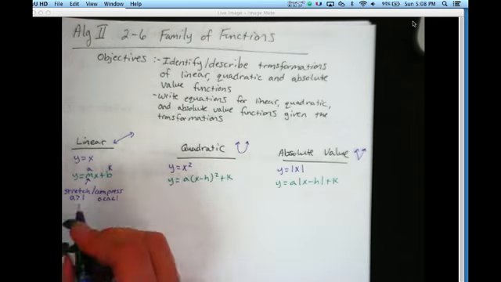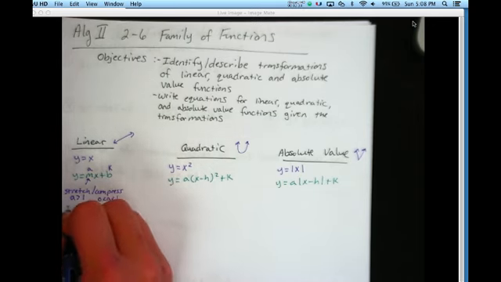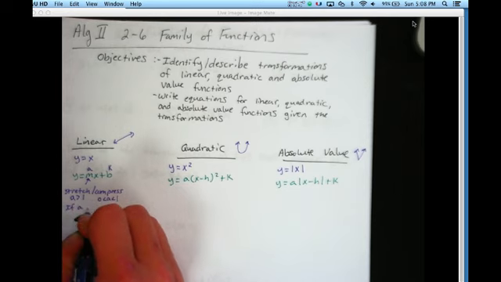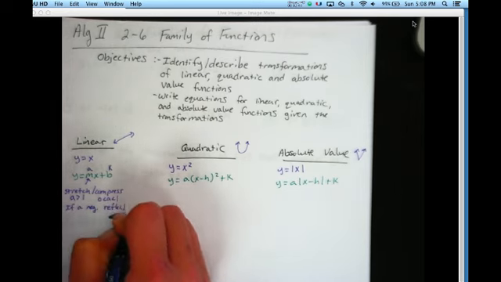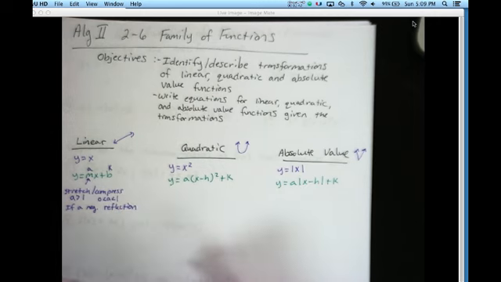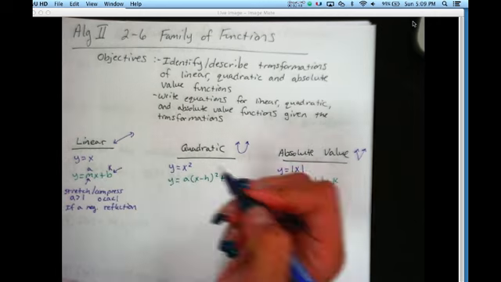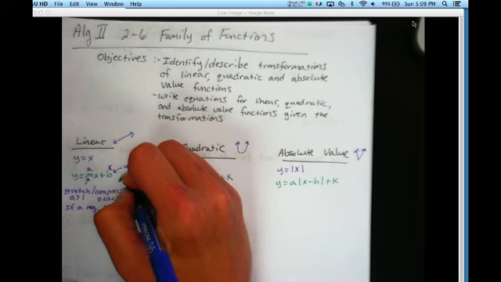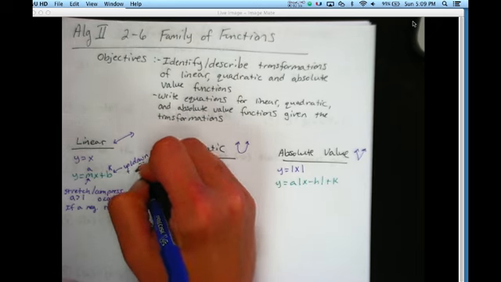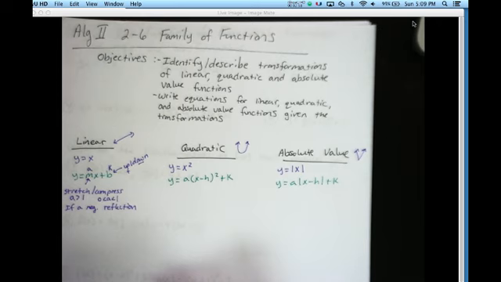And if it's negative, it's going to be a reflection. And then the b is going to move it up or down: up if it's positive, down if it's negative. So for our linear equation, we're not going to be moving it left or right because there's nothing inside the parentheses or absolute value sign with the x value.